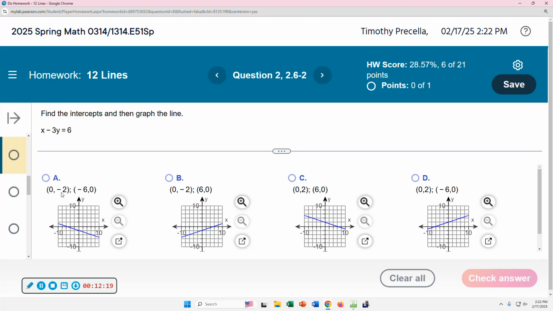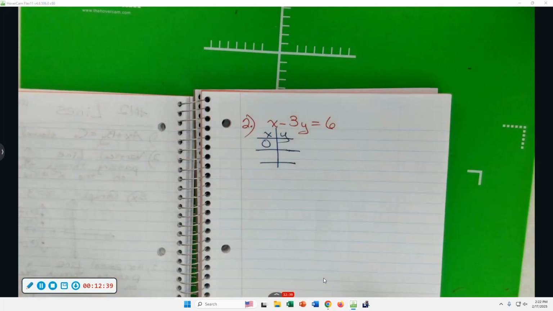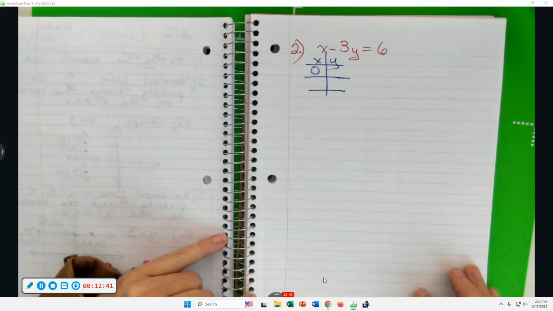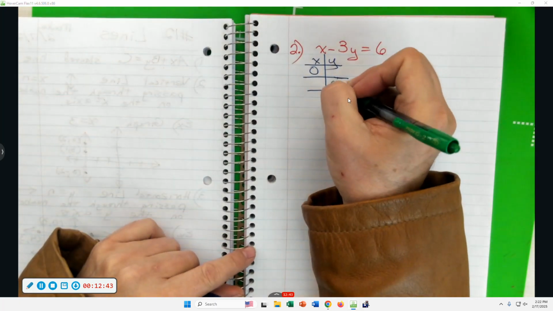Well, once we find the intercepts, we'll probably be able to pick out the correct graph just by looking at the intercepts we're finding. I'm going to make a table of values just like we did on Wednesday. First thing we do is plug in 0 for x, and then we're going to plug in 0 for y.